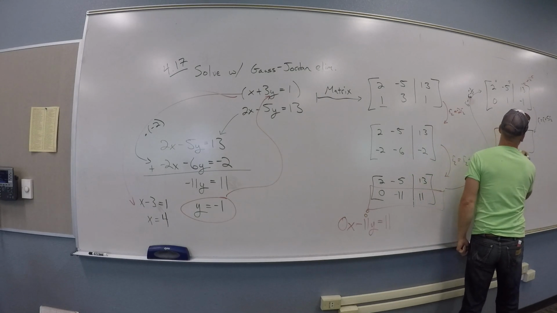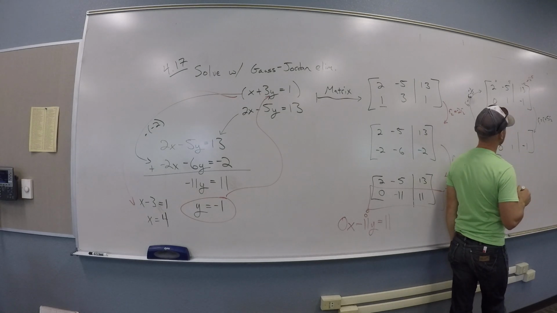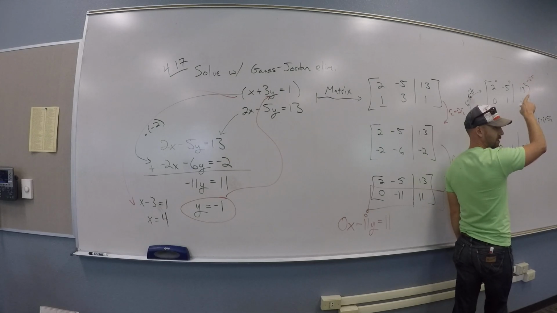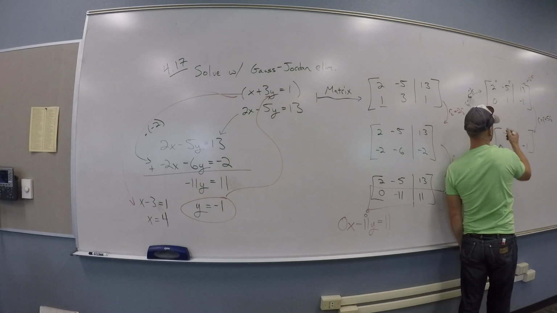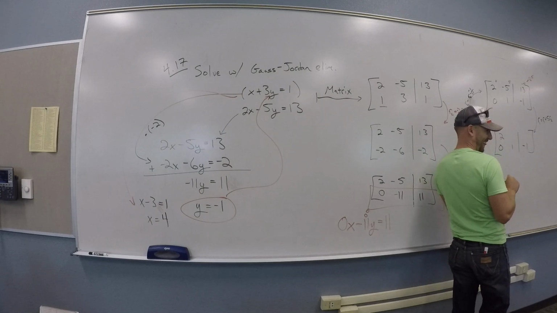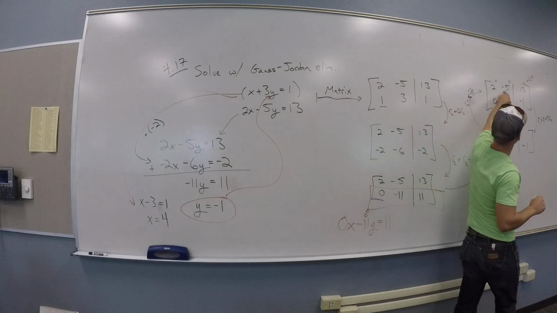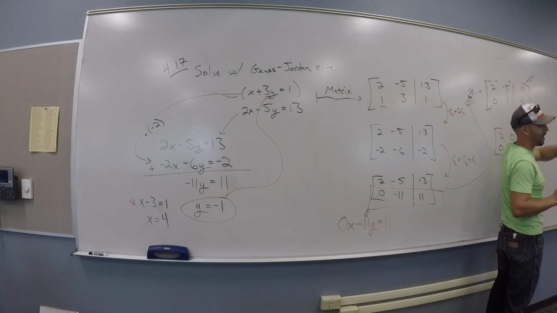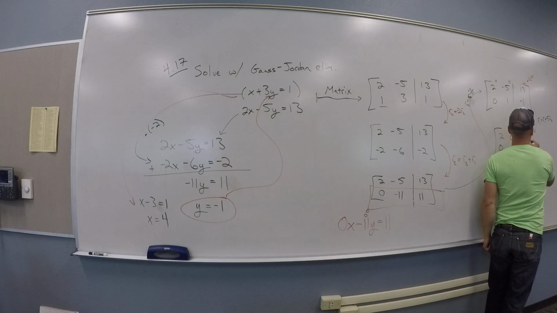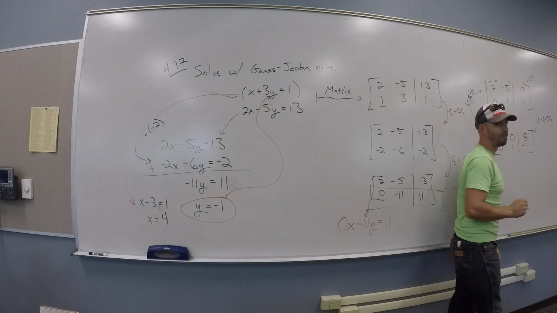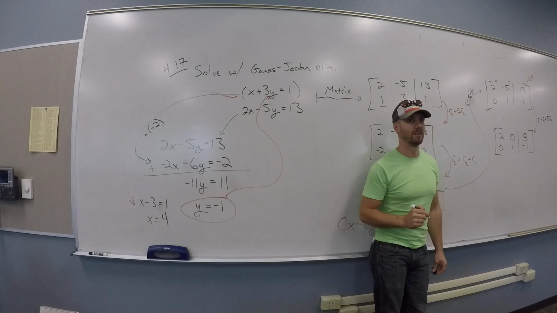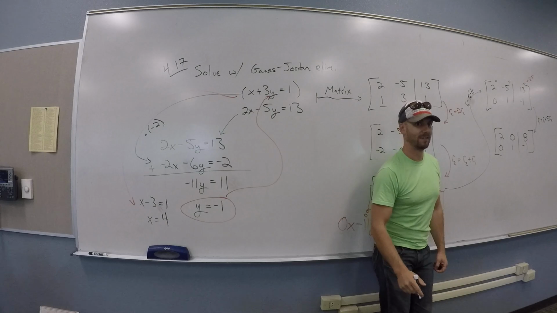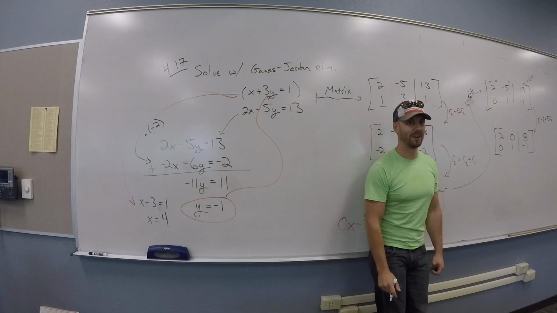So I get 0, 1, -1. And in the top, 2 plus 0 is 2. Oh, sorry, I was thinking multiplication. 0 is the next one, and then minus 5 plus 5 is 0. And 13 minus 5 is 8. So now what does that top row read? 2x plus 0y equals 8, which says 2x equals 8, right?